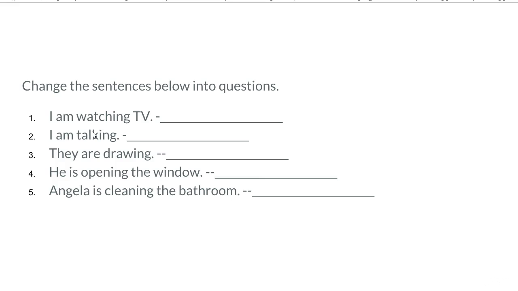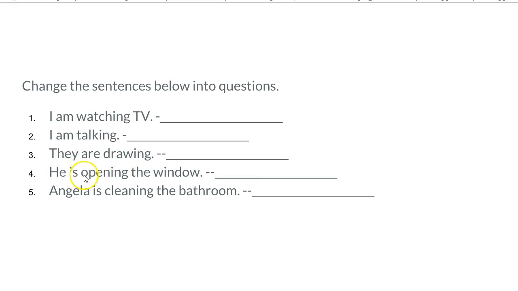Okay, how can we change it into a question? The inversion. Remember the inversion. If we put the subject and the helping verb in the opposite places. So are would be first, they would be second. Okay, so are they drawing?